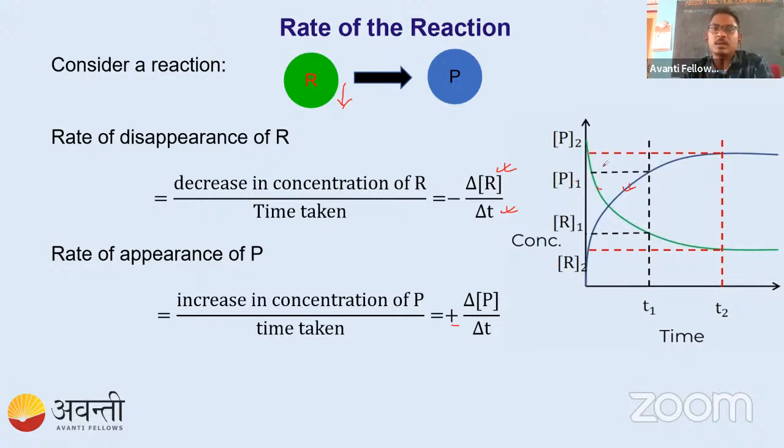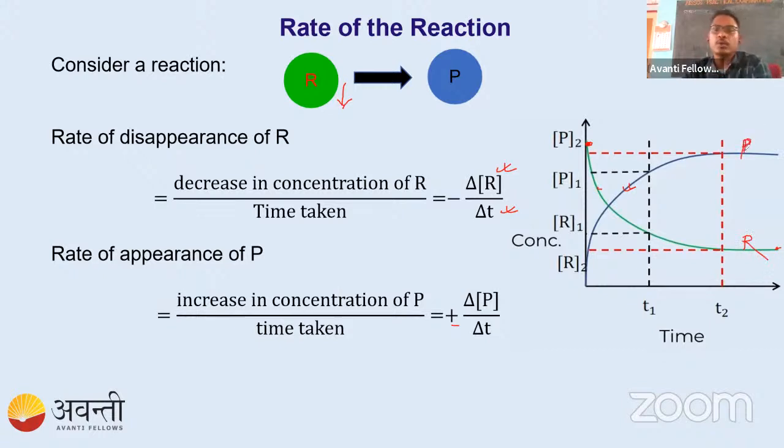I misplaced this one. So this reactant, its value is reducing, and the product, its value is increasing. I put them here, but you understood, right? The value of R, the reactant, is some value, and after that it reduces. So this is our reactant, the green one, and this is a product.